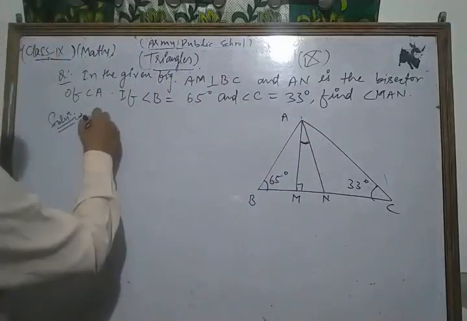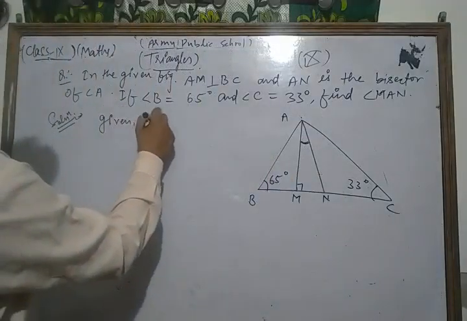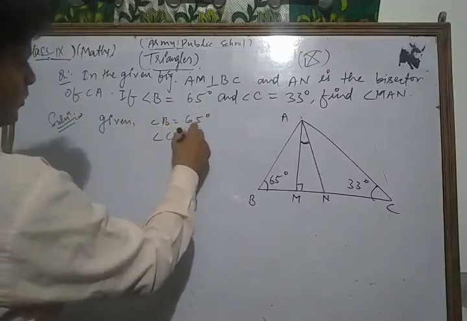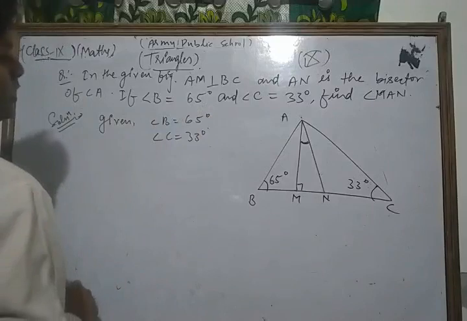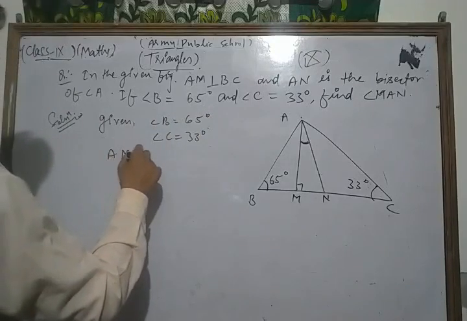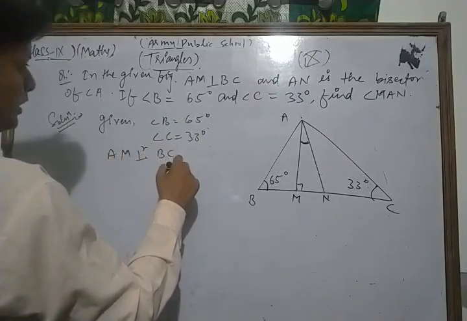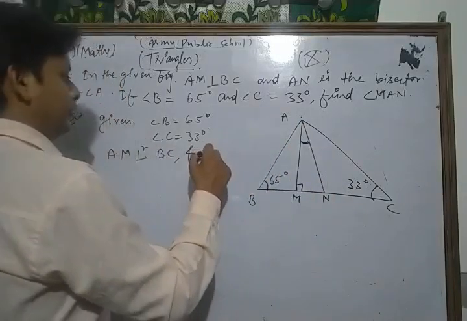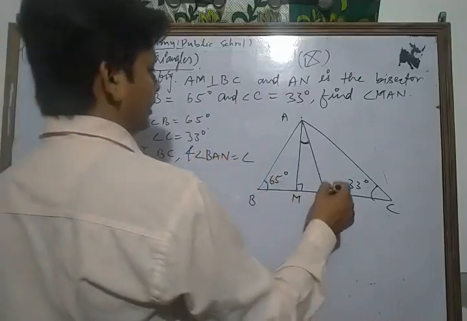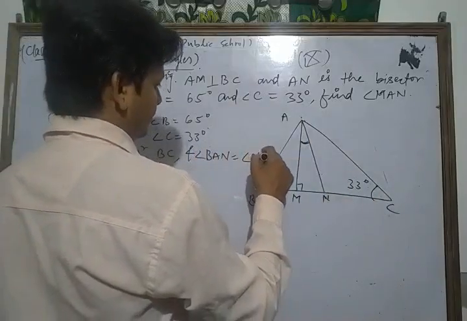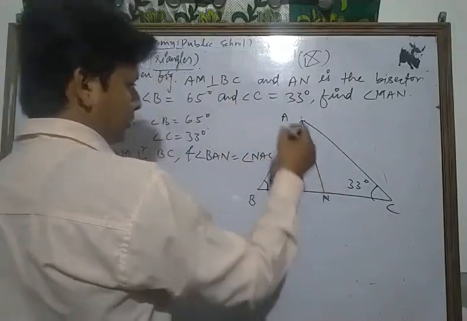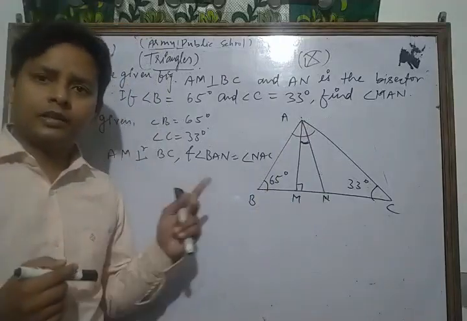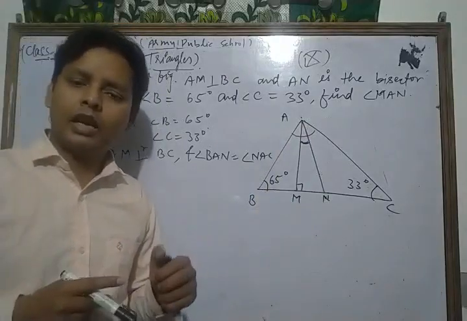Now first of all we write given: angle B is equal to 65 degree, angle C is equal to 33 degree, AM is perpendicular to BC, and angle BAN is equal to angle NAC, because AN is the bisector of angle A. Related to that topic we have a very important result.